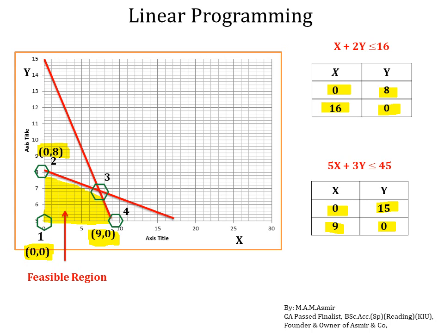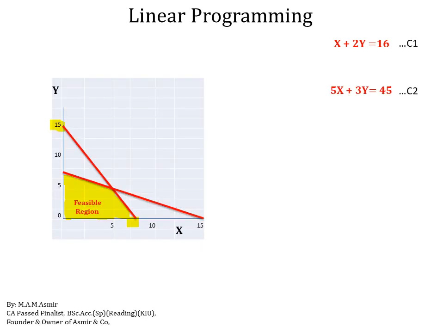At corner point 1, the coordinates are clearly 0 and 0. At corner point 2, where x is 0, y will be 8. At corner point 4, where x is 9, y will be 0. Now those are easy to see. We can see that the coordinates for point 3 are 6 and 5 by eyeballing it very closely.